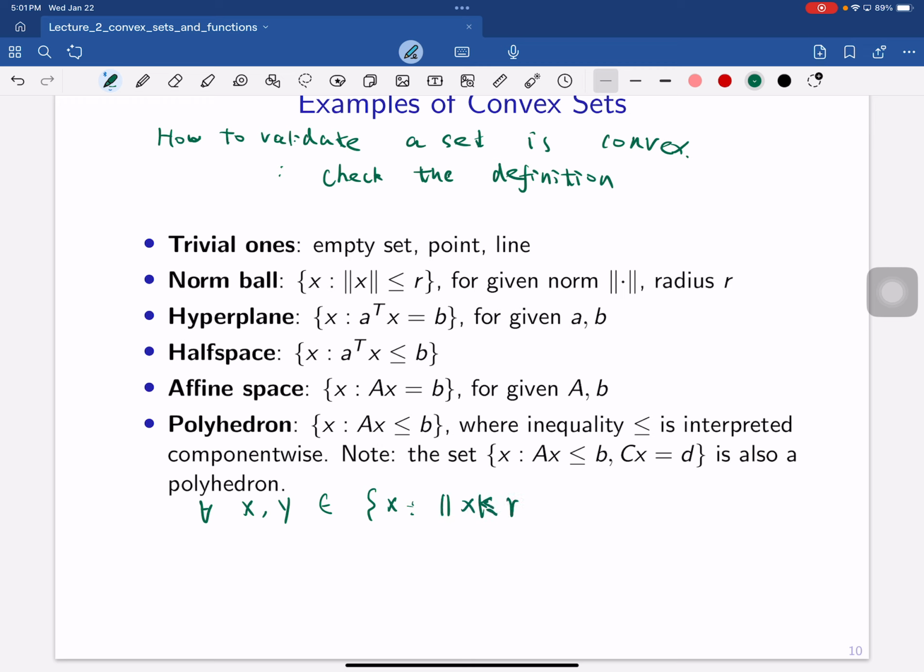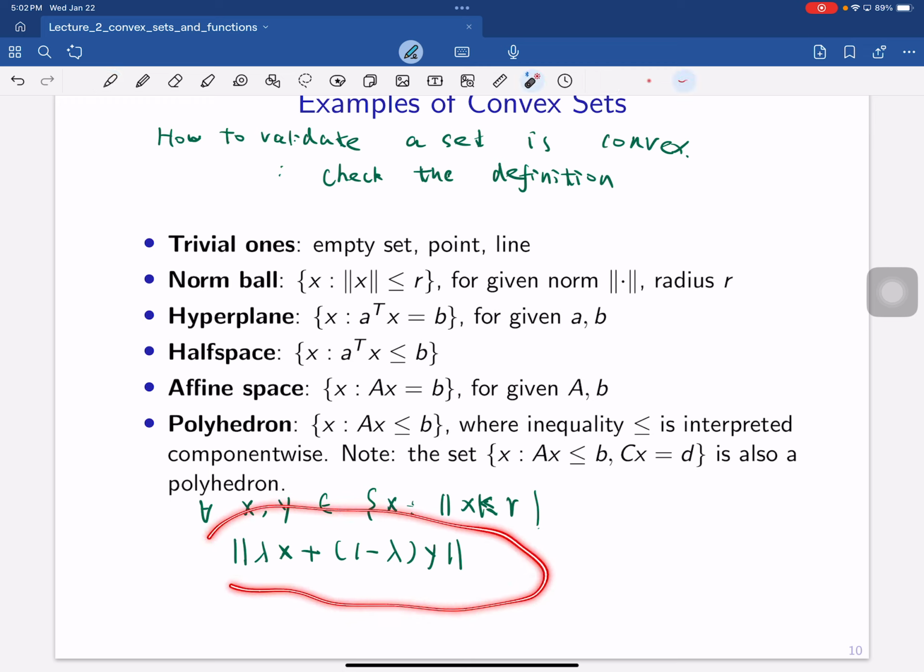Now we need to show that the convex combination of x and y also satisfies this property. So the convex combination would be lambda x plus (1 minus lambda) y. We want to show that this is also less than or equal to r for any arbitrary lambda between 0 and 1.